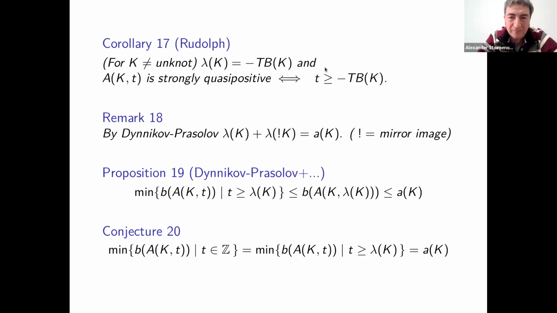And another thing that you get from this is that since the lambda of K is realized in a minimal grid, by Nutt's construction, you get a braid with A of K strands.